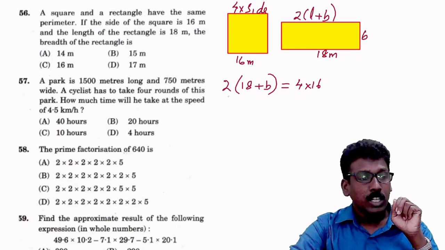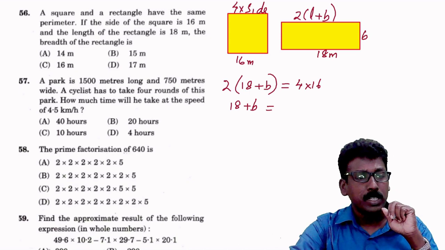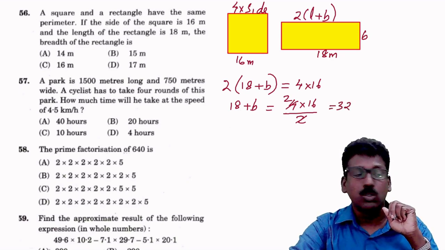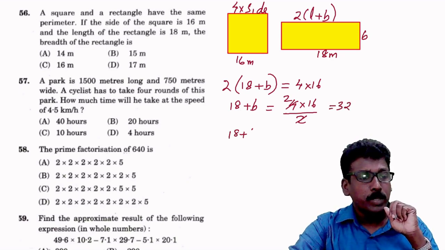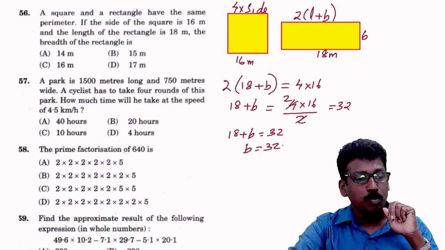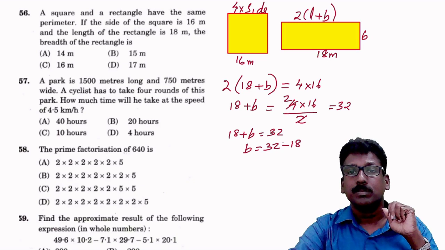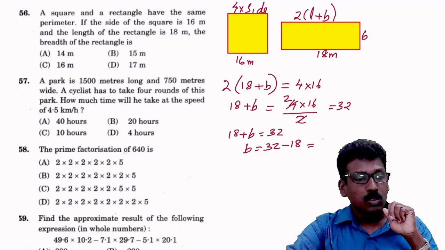They are equal. You transpose 2 to the other side, that is 18 plus b is equal to 4 into 16 by 2. 2 4s are 8, you will get 2 into 16, 32. 18 plus b is equal to 32 means b you can write as 32 minus 18. So it is 14.